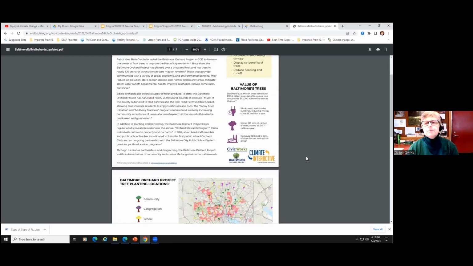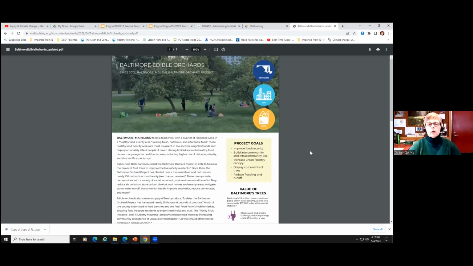In this case, this is the Baltimore Edible Orchards. This was the project in which they went into urban spaces, existing parks, but also they could help establish parks and public spaces for planting of trees. And it wasn't just trees there for the cooling effect, which is the main thing when we're looking at climate, that trees do help conserve carbon dioxide.